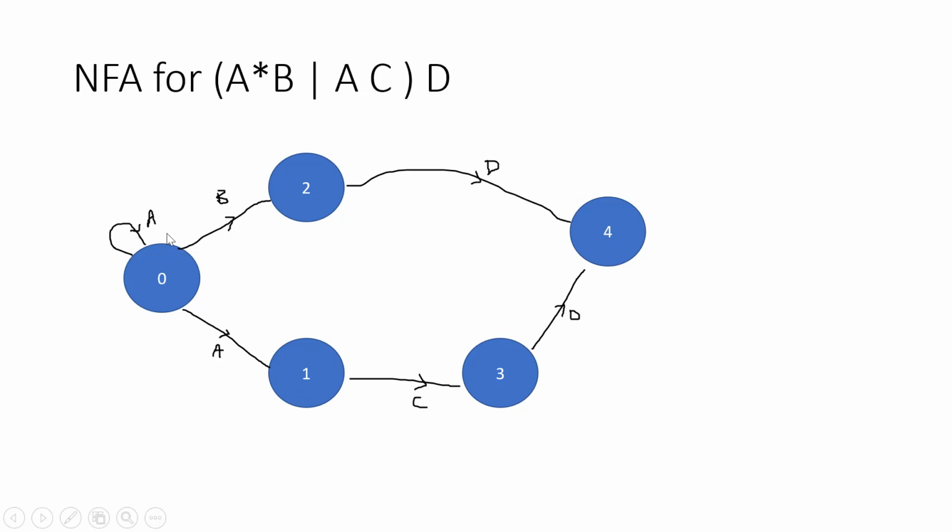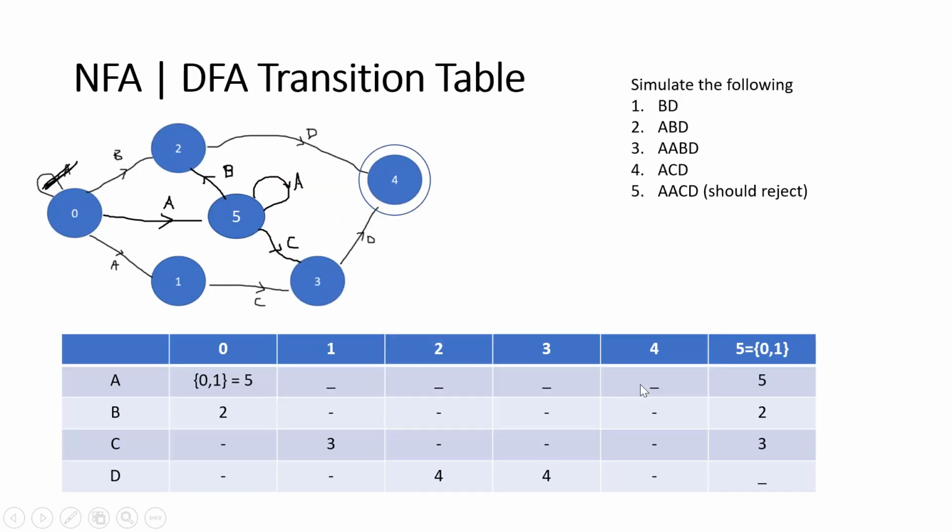Now we note that this is an NFA because if you're given an A in state 0, you can either stay here or you can go to 1. If you look at the transition table for the NFA, if you're given an A in state 0, you can be in 0 and 1.